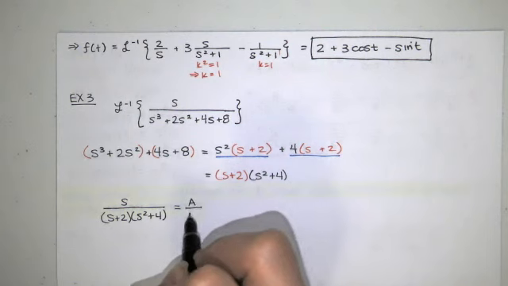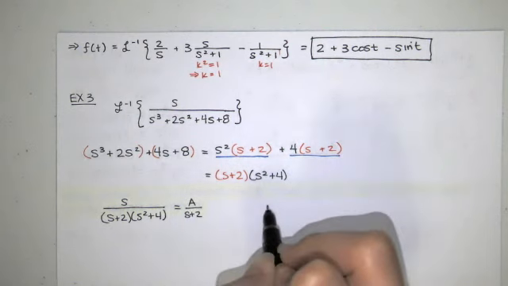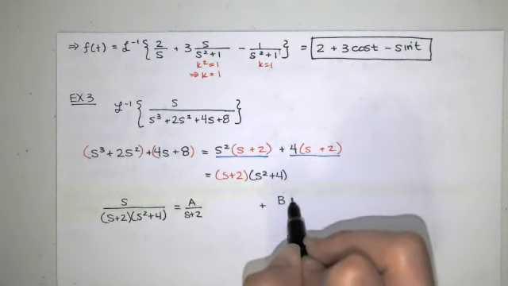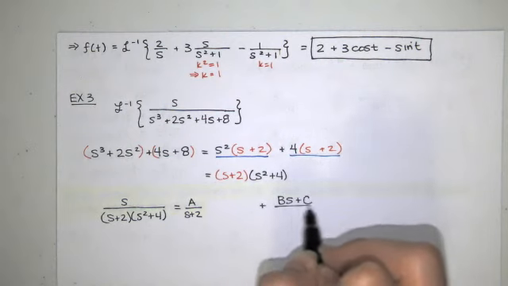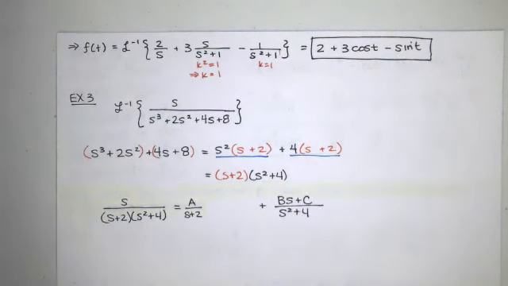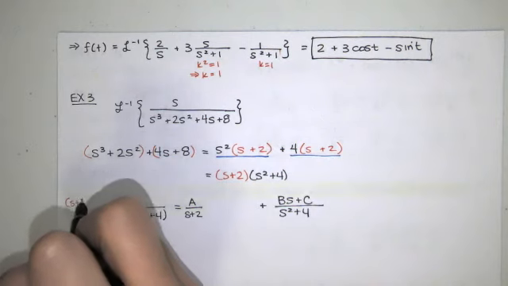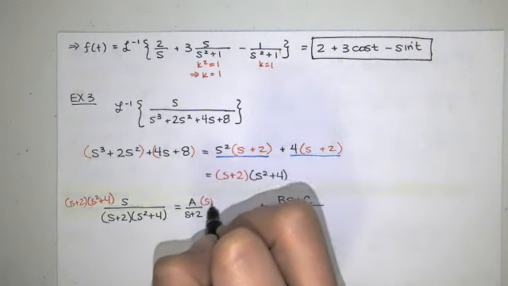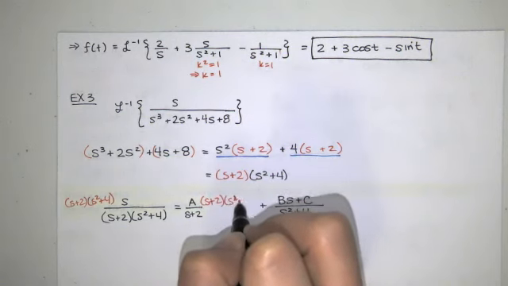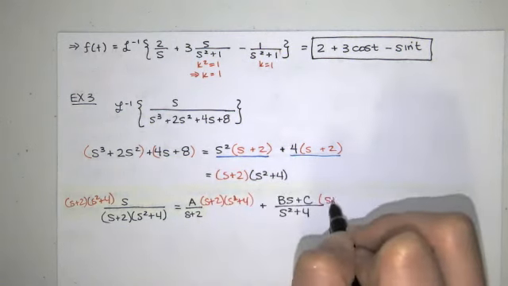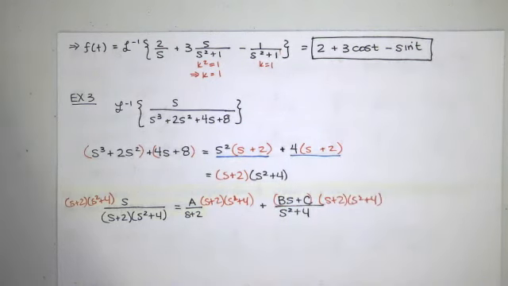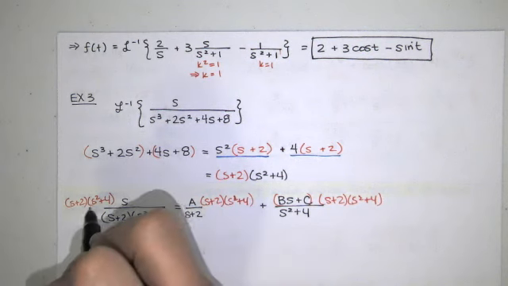So I'll write that as A over my linear factor plus, for the irreducible quadratic, a constant times your variable plus a constant over the irreducible quadratic factor. Then we multiply by the LCD, which is always the original denominator, and then reduce.